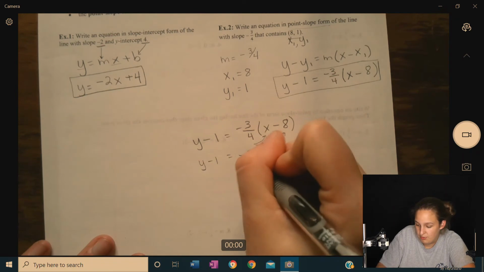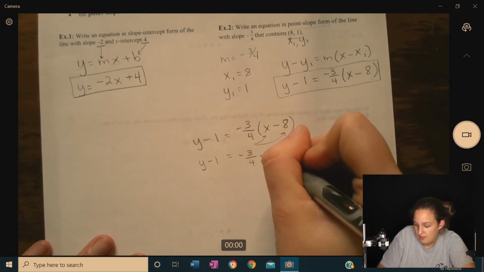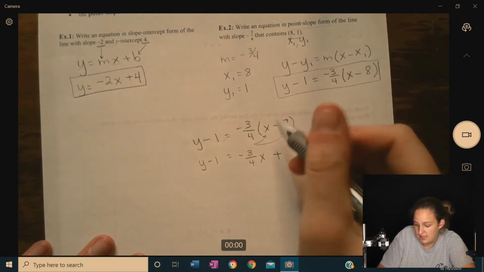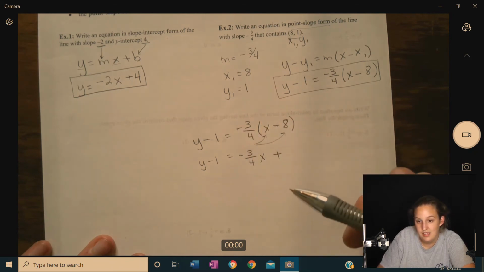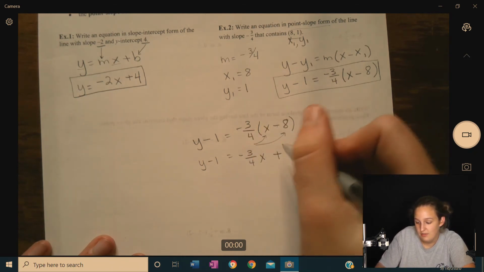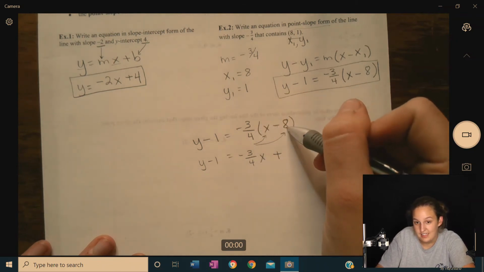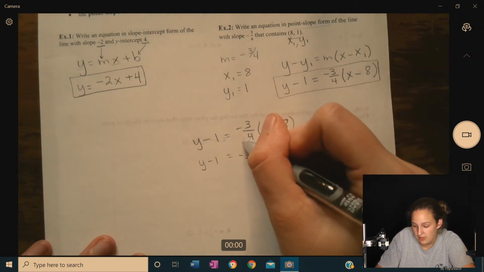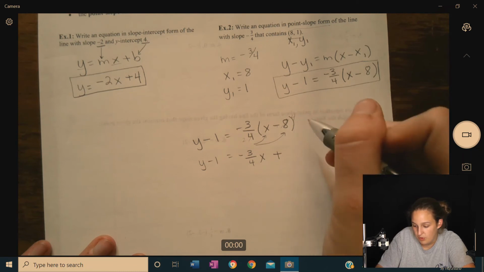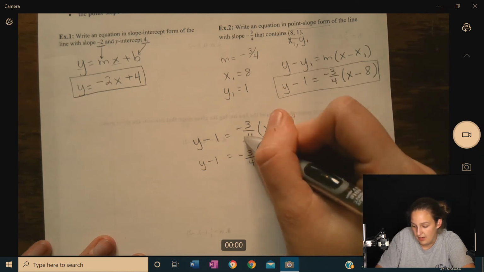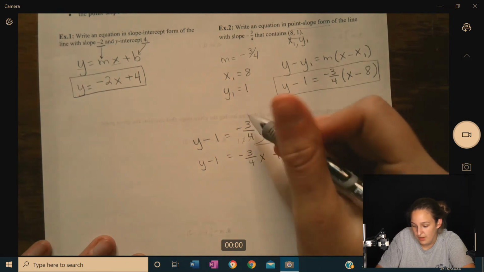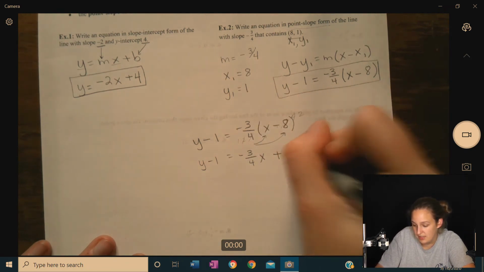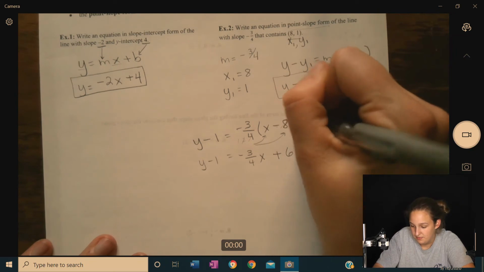So you have -3/4x plus, because minus times a negative is plus, 3/4 of 8. Well, over here, this becomes a 2, and this becomes a 4. Oh, actually, I can go one more time. This becomes a 1, this becomes a 2. And 3 times 2 is 6.